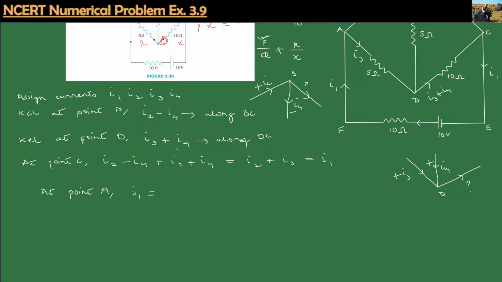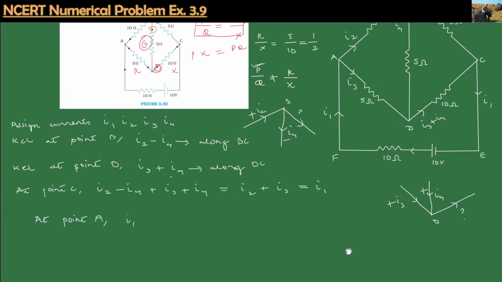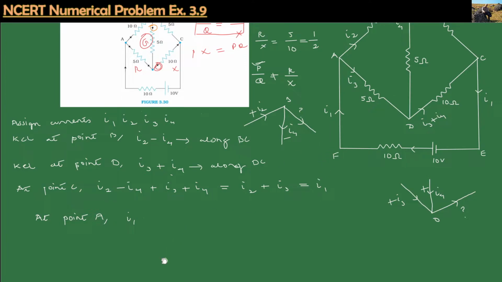If you use again Kirchhoff's current law at that point, I1 will be taken as positive, whereas I2 and I3 will be taken as negative because they are moving away from point A, which means that from here it will be negative of I2 minus negative of I3.